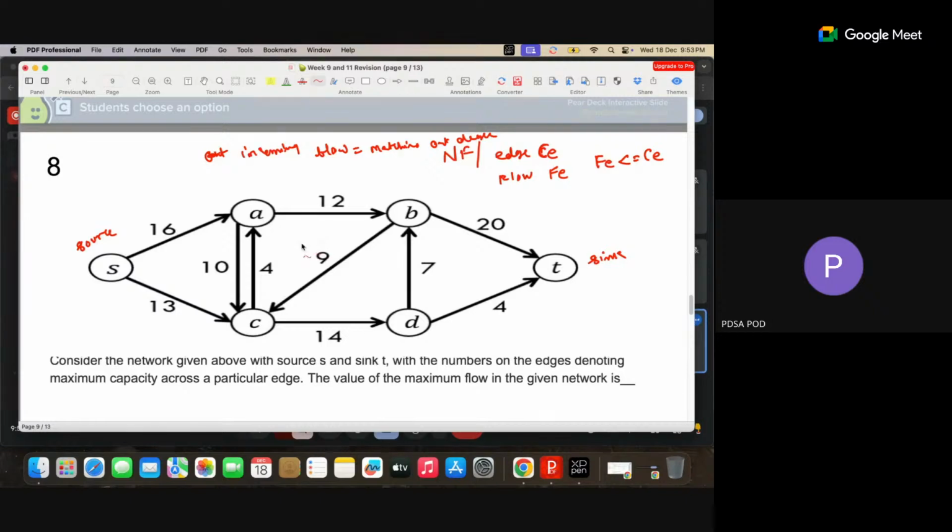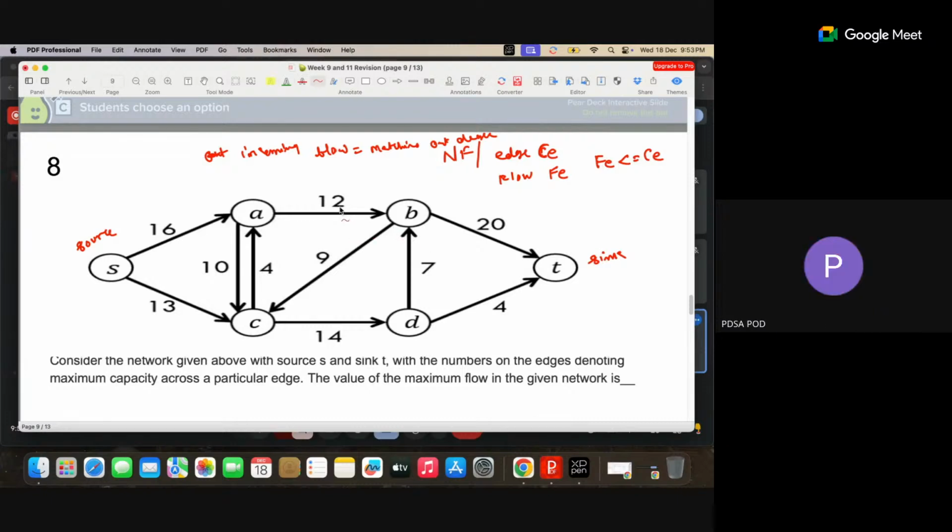Let's take 16. Are you able to flow 16 from A to B and A to C? If 16 is coming, 12 I can send from A to B, and 4 I can send from A to C. Is it right? Okay, then no problem.